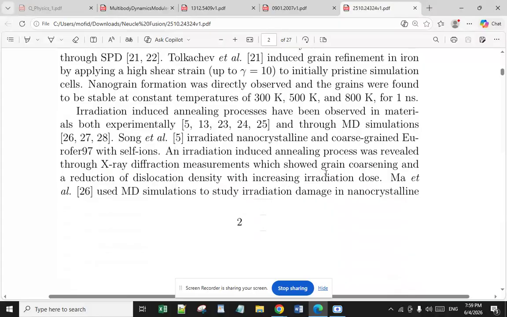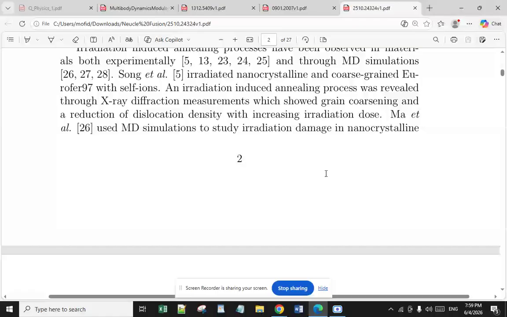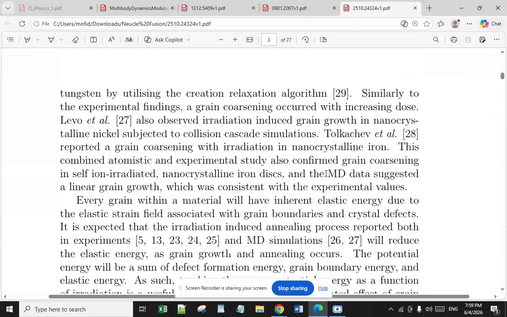Ma and his colleagues used MD simulations to study radiation damage in nanocrystalline tungsten by utilizing the creation relaxation algorithm. Similarly to the experimental findings, grain coarsening occurred with increasing dose.